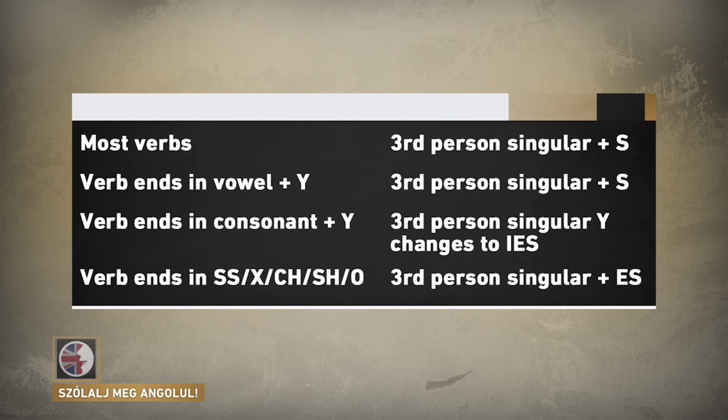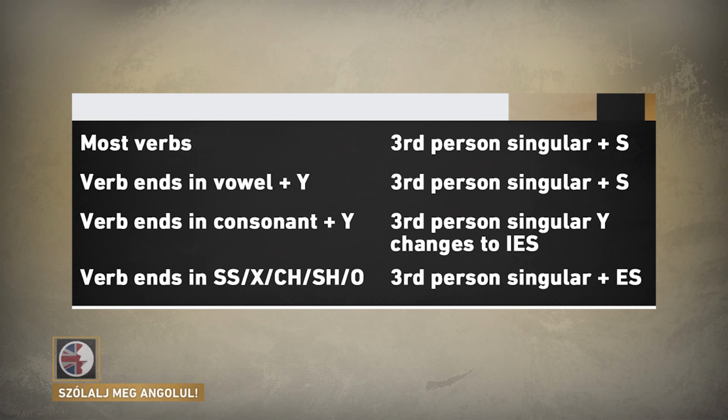Now, just like the spelling changes in singular nouns becoming plural nouns, with the present simple third person singular spelling change, we also have different groups. Most verbs add an S to the infinitive. Read becomes reads. Like becomes likes.